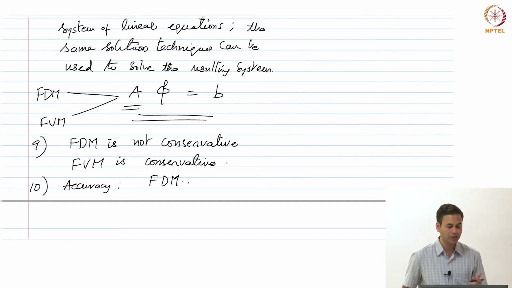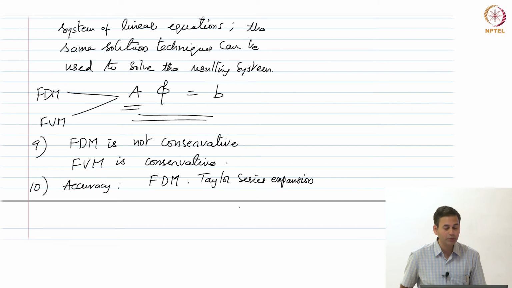That means in finite difference method, the accuracy is governed by the number of terms included in the Taylor series expansion. Essentially, Taylor series expansion governs the accuracy.